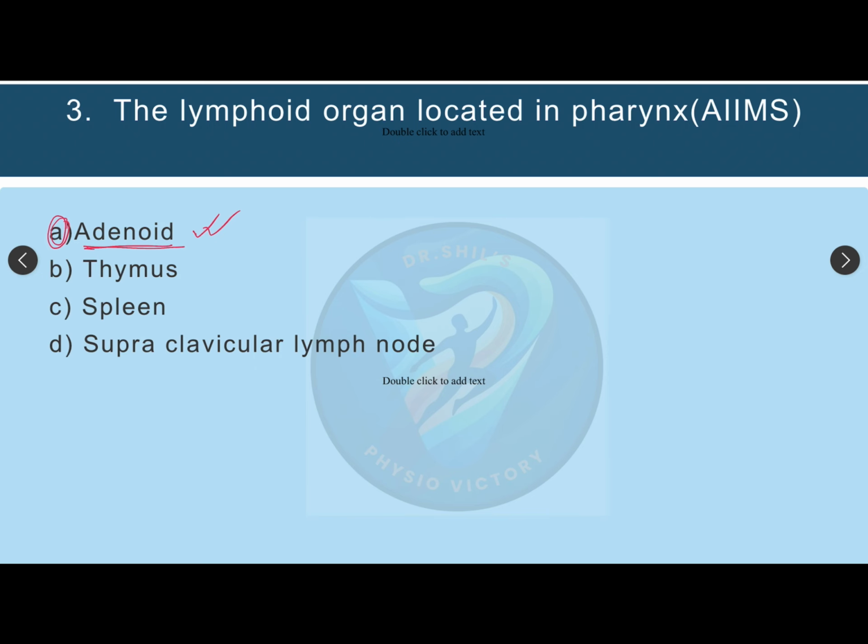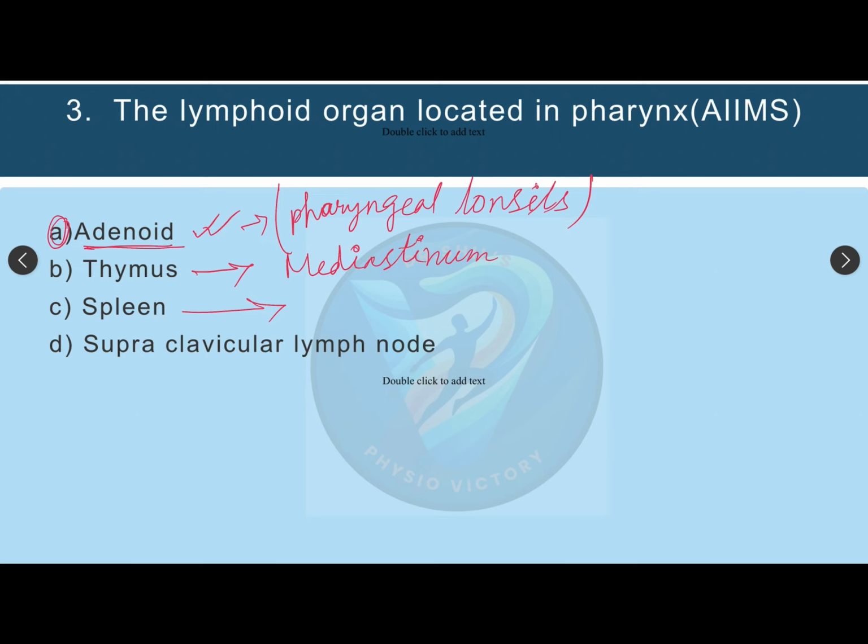Adenoid is the pharyngeal tonsil, also called the pharyngeal tonsils, basically lymphoid tissues located in the nasopharynx. And thymus is located in the mediastinum.